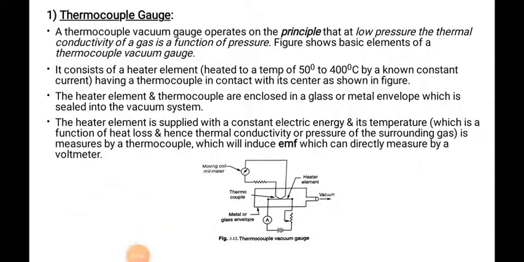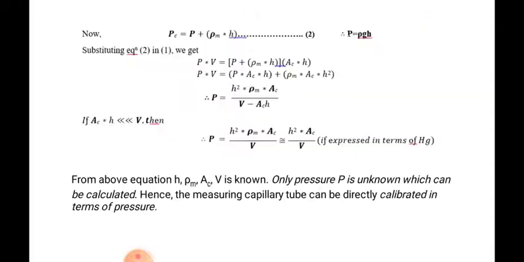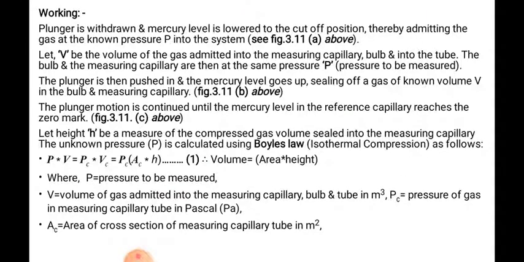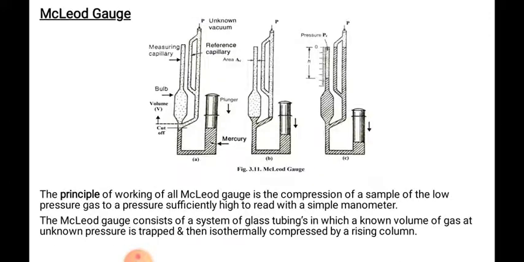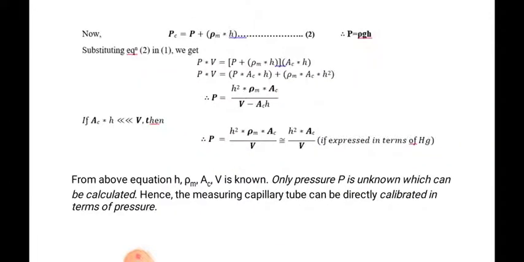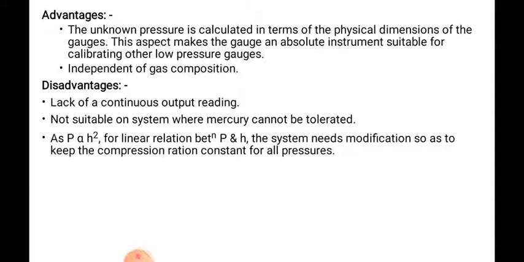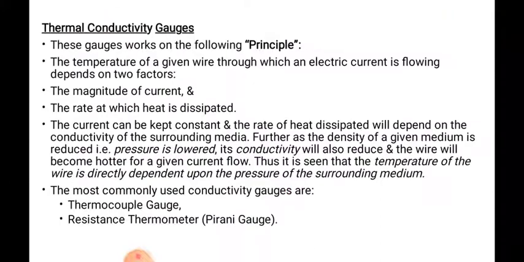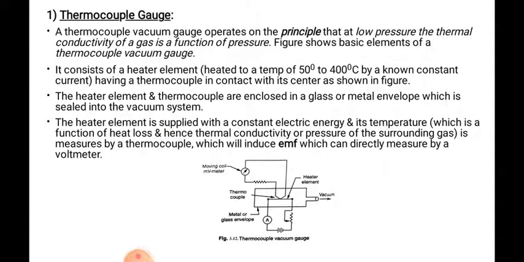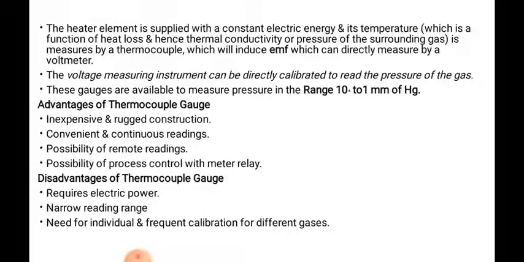In the previous lecture we went through the McLeod gauge. The range of pressure measured by the McLeod gauge is below 10 to the power minus 4 mm of Hg.